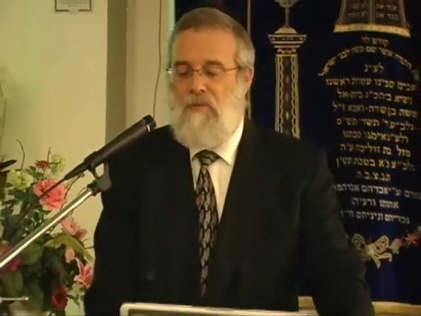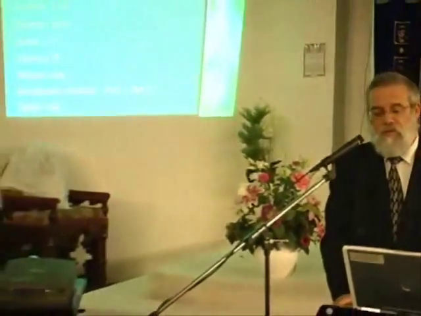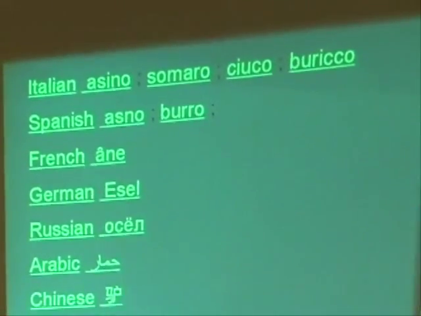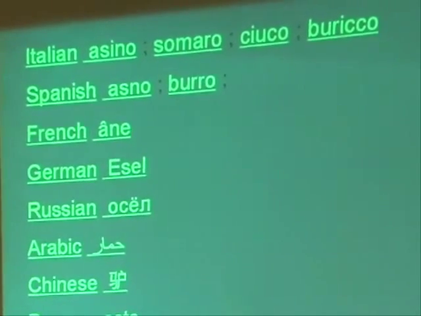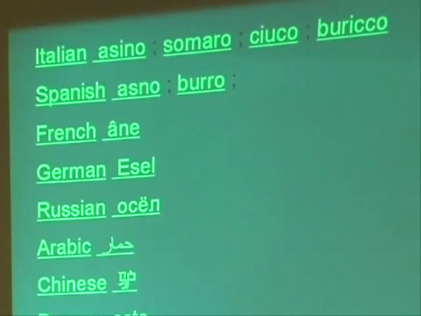Okay, let's take a look a little bit at the languages that we're more familiar with. What is that ass animal called in other languages? Asino in Italian. Asno or burro in Spanish. Âne in French. Esel in German. Asyol in Russian. Hmar in Arabic.